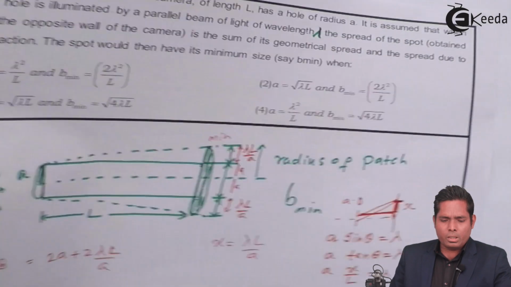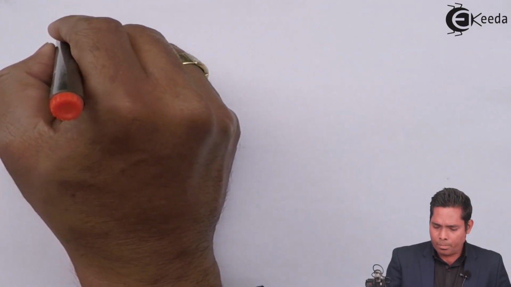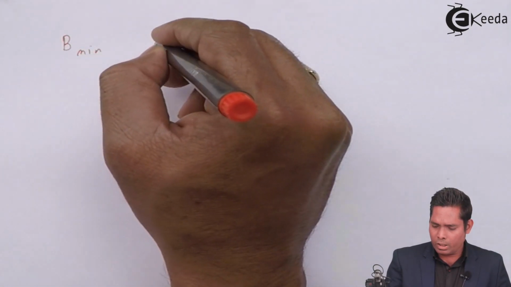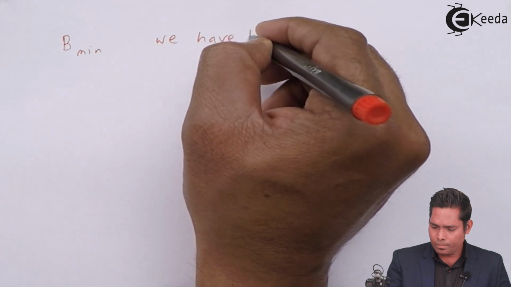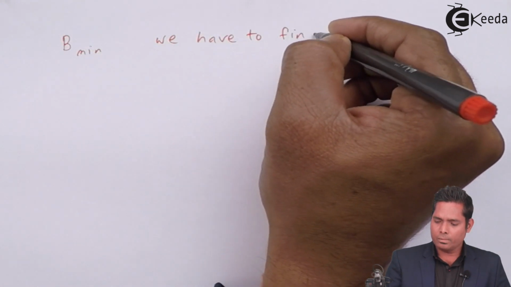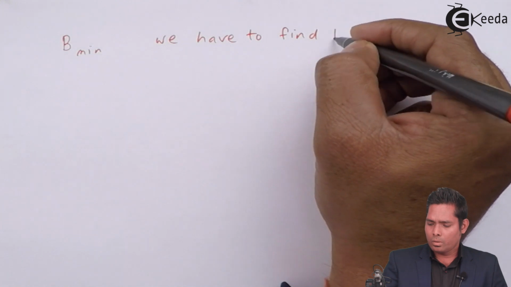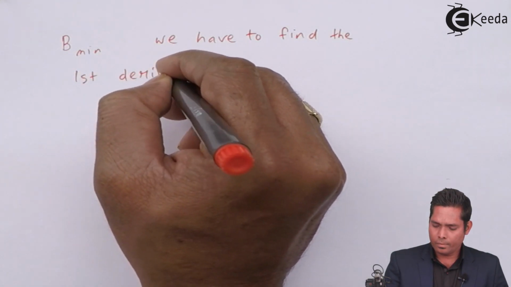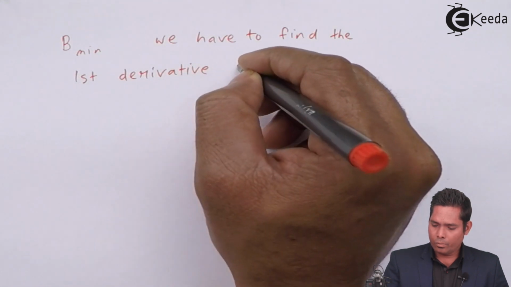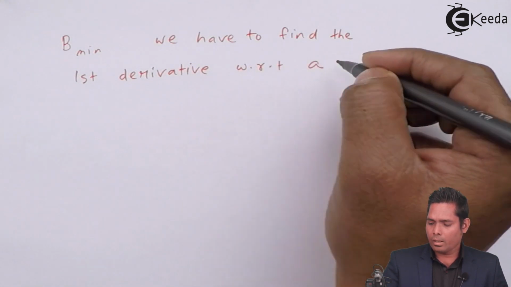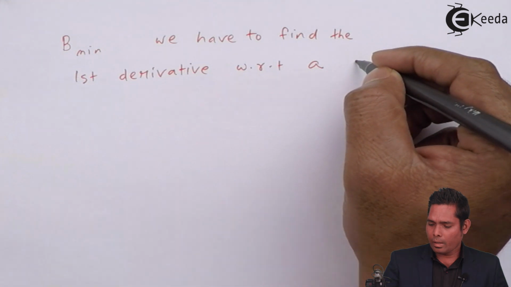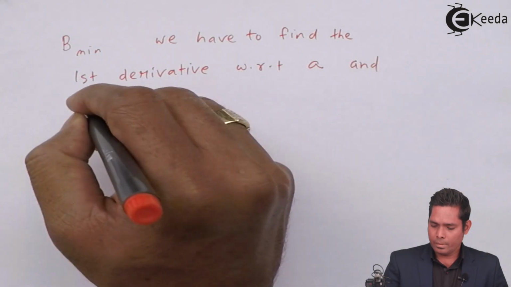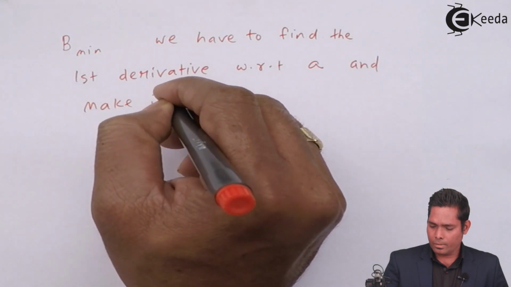For this B to be minimum, for B minimum, we have to find the first derivative with respect to A and make it 0.